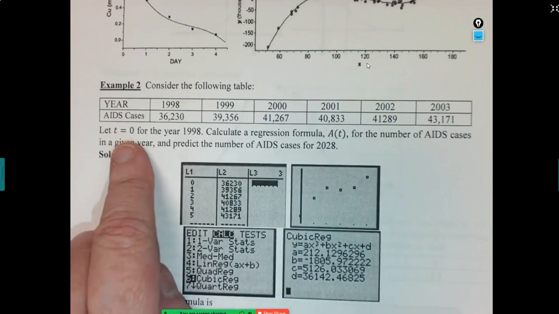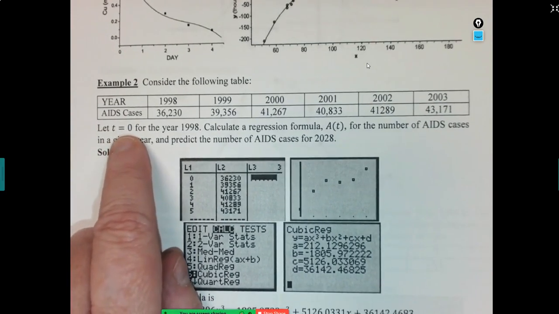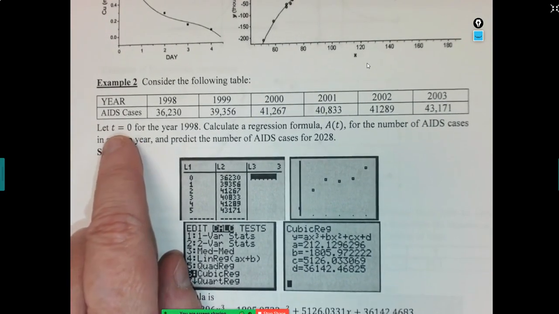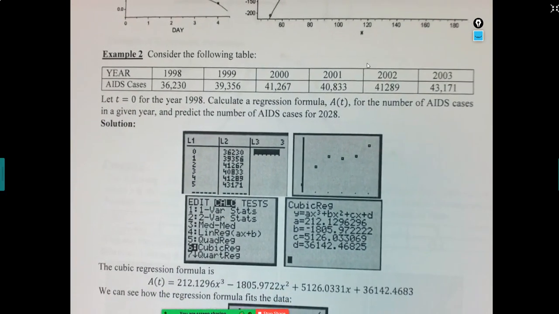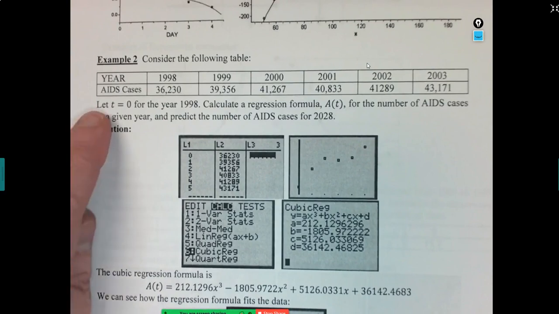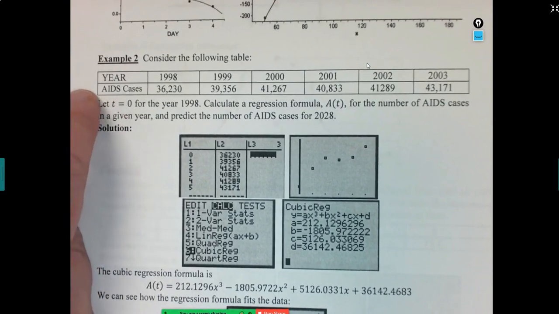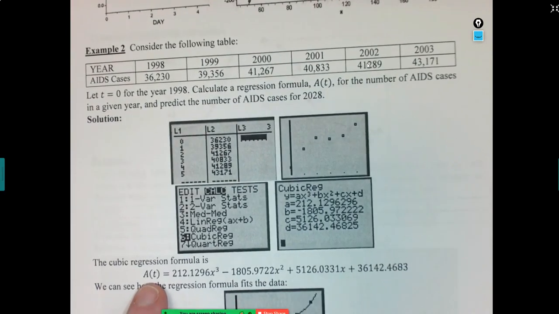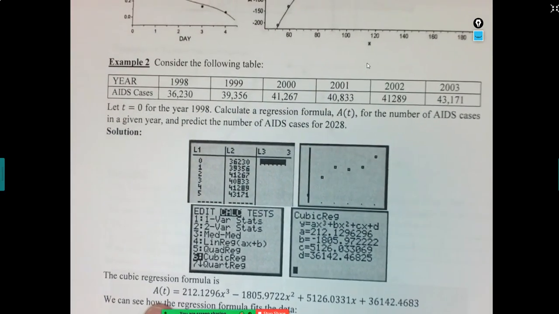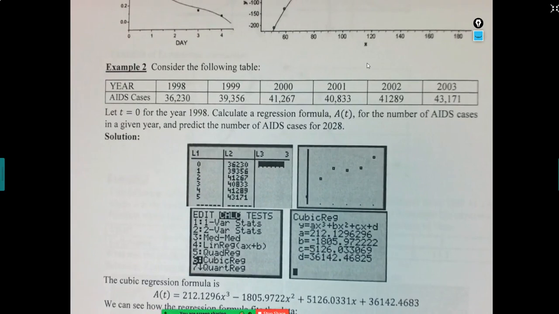And we do have the instructions here that they want you to rewrite that list and let t equal 0 for the year 1998. Okay, and so my function is going to be the number of AIDS cases. So I'm going to write my function with respect to capital A.